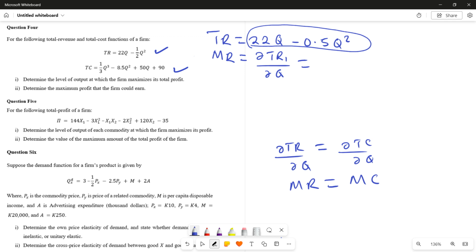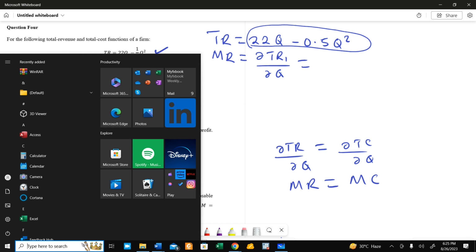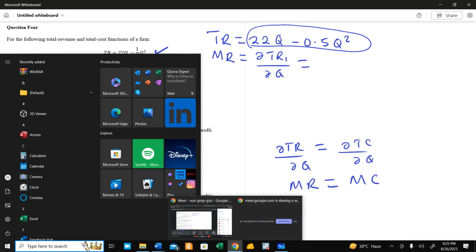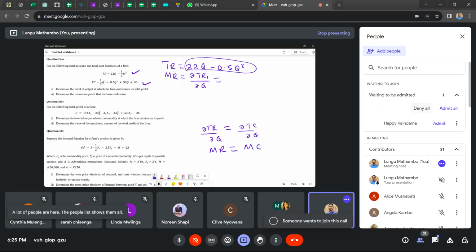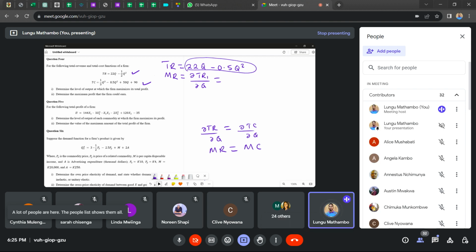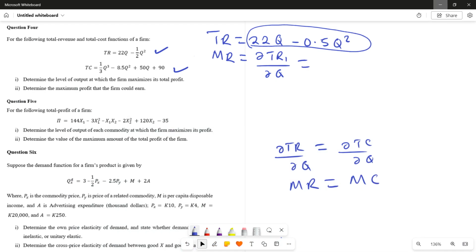Differentiation. We want to differentiate 22Q with respect to Q. How do we differentiate this?